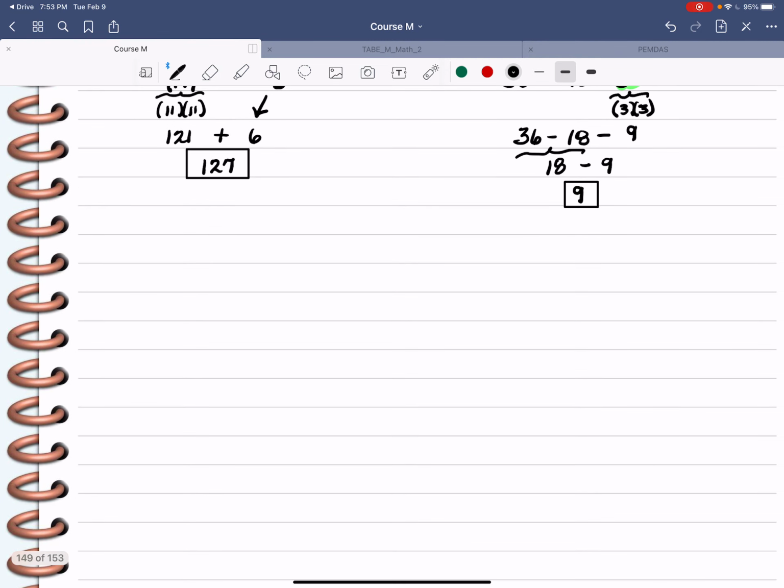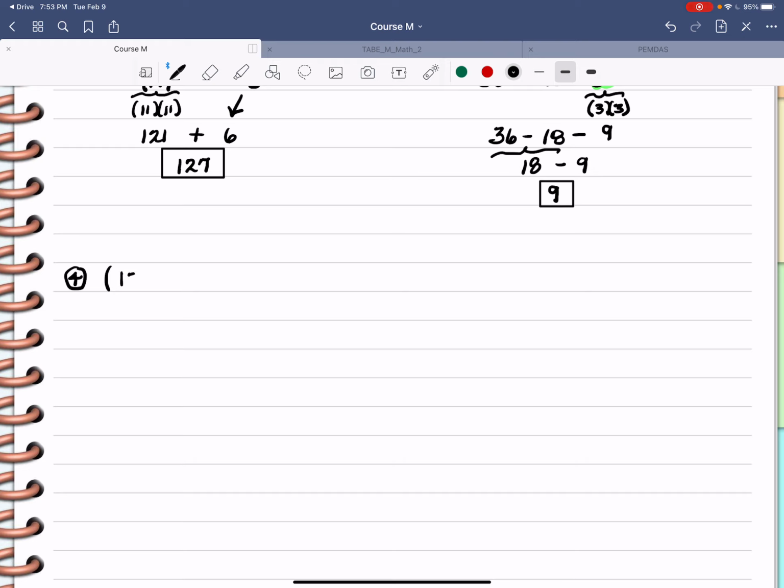Number 4, open parentheses, 13 times 3 plus 5 squared, close parentheses, plus 9. What must come first? You got it, parentheses.